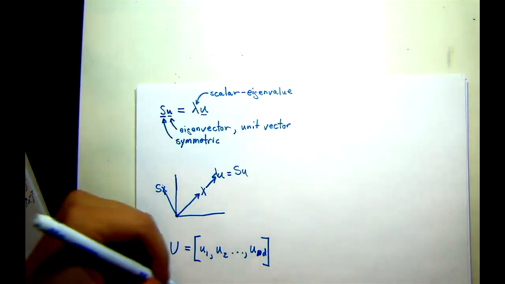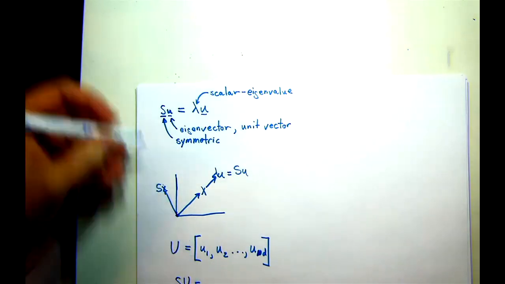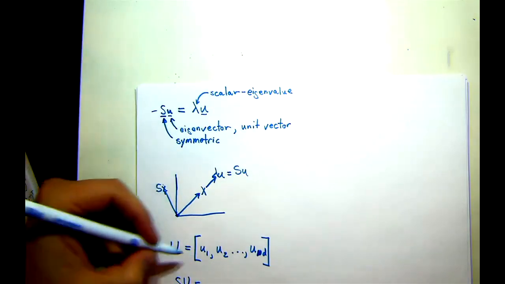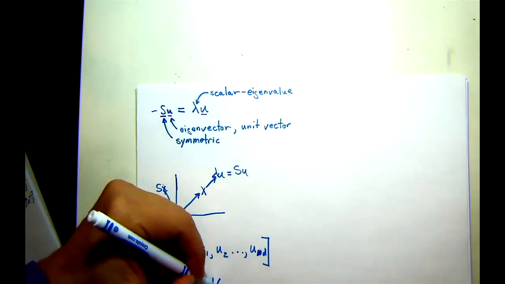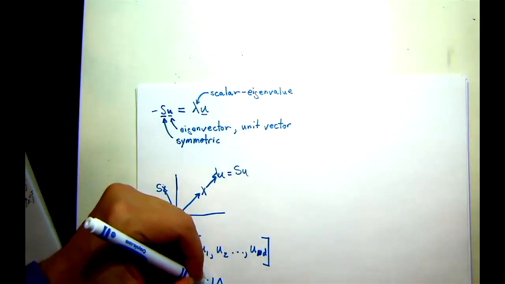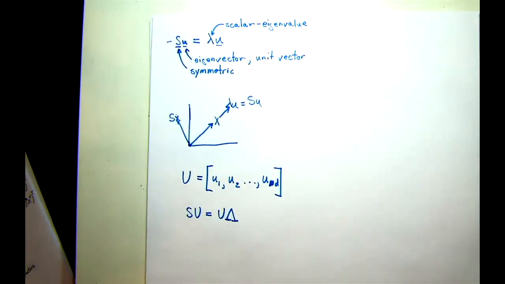And if we did that, we can rewrite SU. This is just a rewriting of this original equation. Just to make the math work out correctly, we put the lambda on this side. And that's the same statement, just written in matrix form with a square matrix.